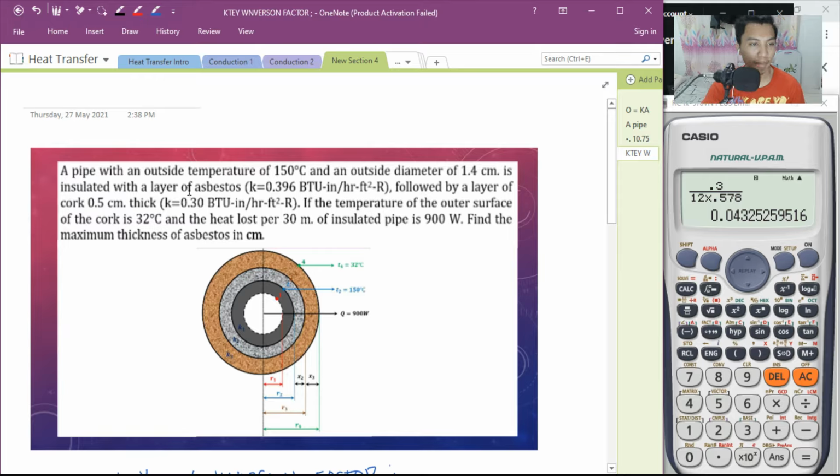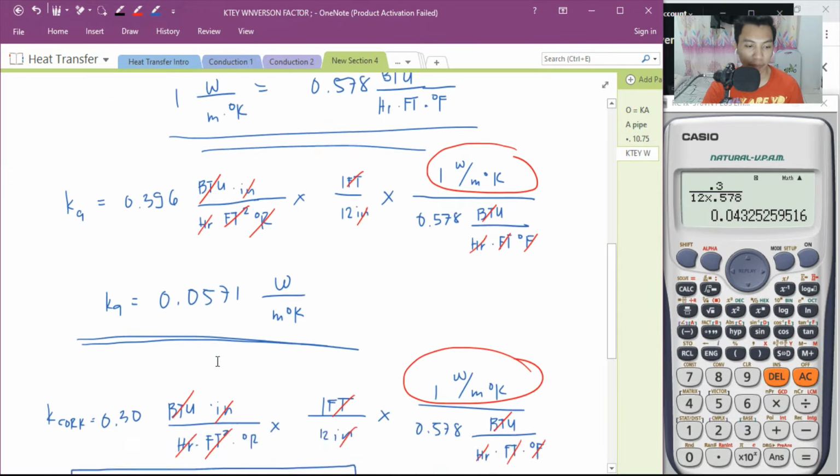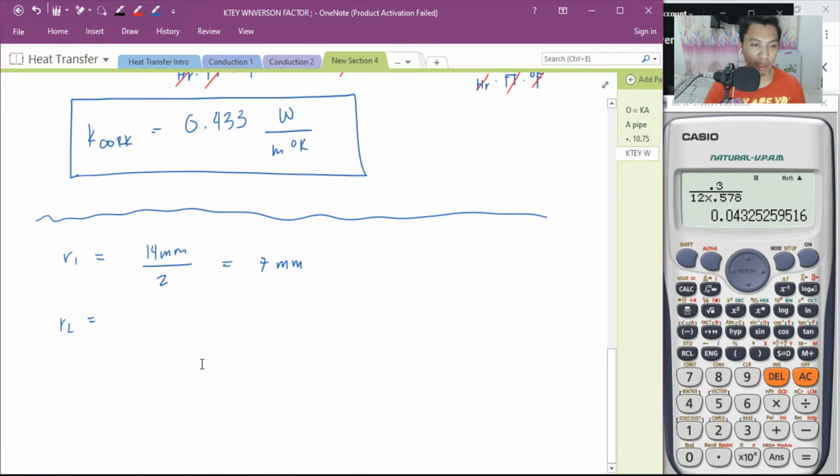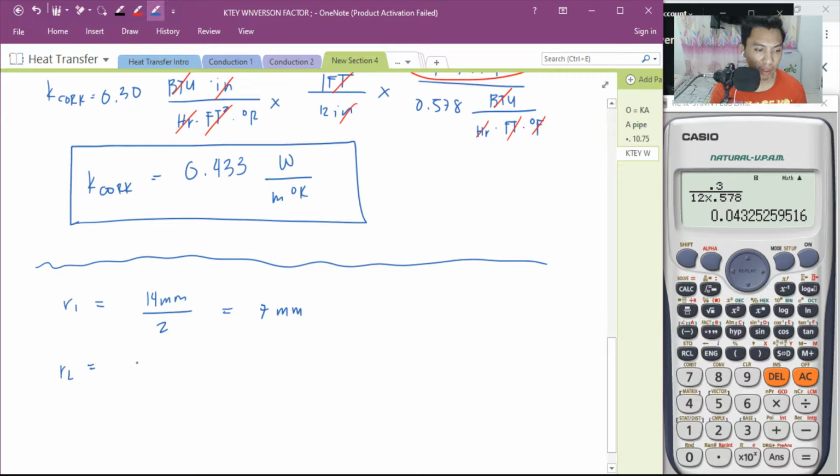Okay. Yung layer ang hinahanap is the layer of asbestos in cm. Hindi natin alam si R2. Okay? This is 7 mm plus X na lang natin.